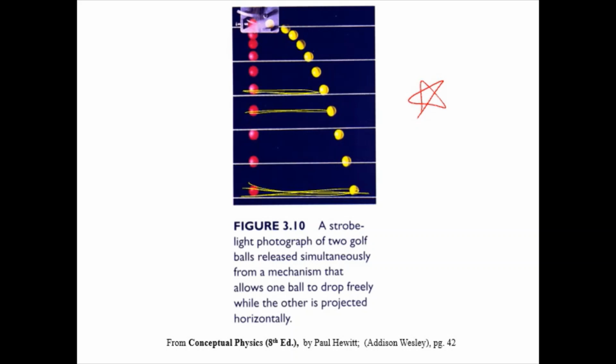Sometimes students think that if something's launched horizontally very quickly, it doesn't fall as fast, but that's a misconception. As soon as you launch a bullet from a gun horizontally, as soon as it comes out the end of the gun barrel, it's starting to fall. It's just that the bullet's moving so quickly that it gets to the target so fast that our brain makes up this rule that things going fast sideways don't fall very quickly.